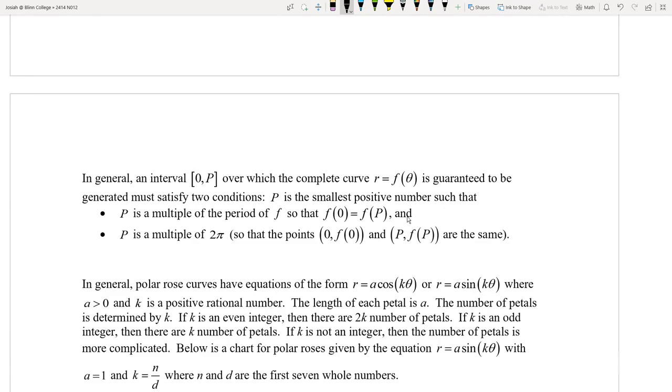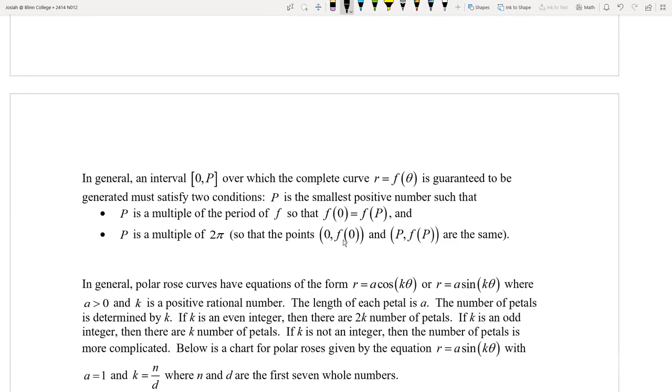Second, we also need that P is a multiple of 2 pi. That's so that since we have the same radius, we get the same angle as well, and we end up matching with our original point. P has to be a multiple of 2 pi so that our theta ends up with the same point there.